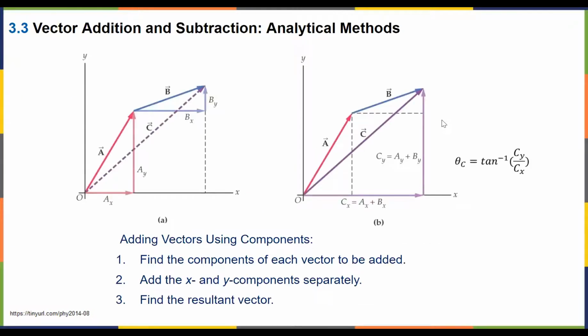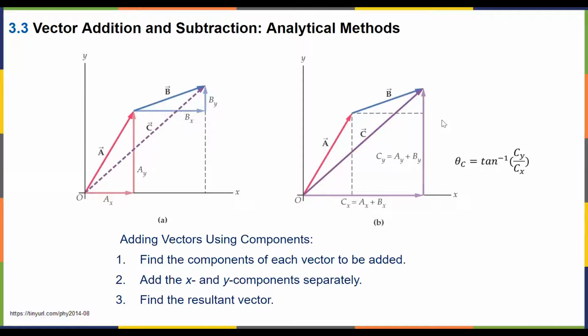We also talked about adding and subtracting vectors the analytical way. That means we are using the components with numbers. Given the vectors, you find the x and y components of the two vectors to be added or subtracted.